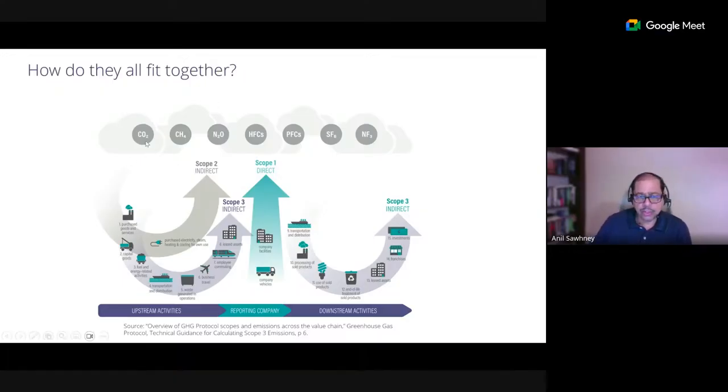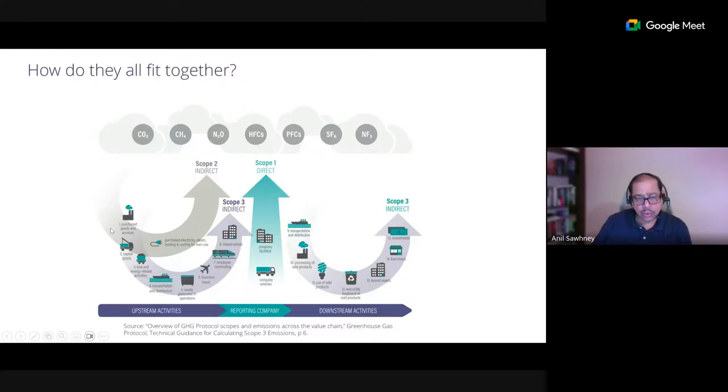So your carbon dioxide, methane, and all those gases are here. Scope 1, you are the reporting company, you're a construction company, then perhaps all emissions that are in your direct control, all your offices, all your vehicles, all emissions coming from those directly go into scope 1, which is the direct emission.